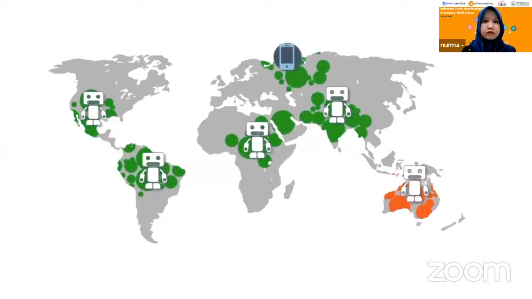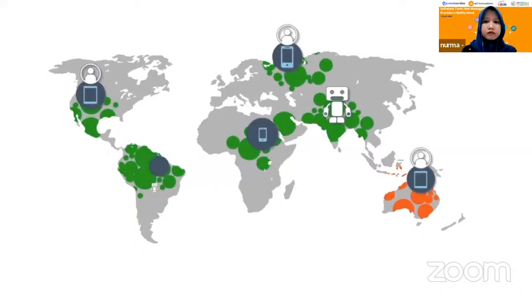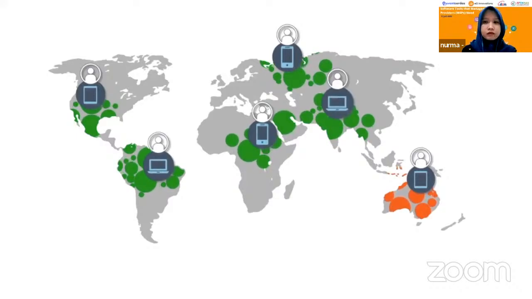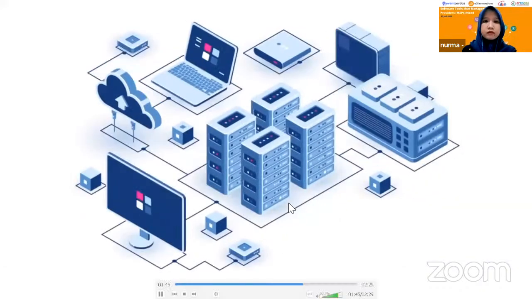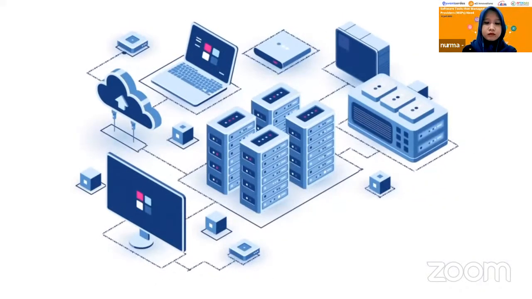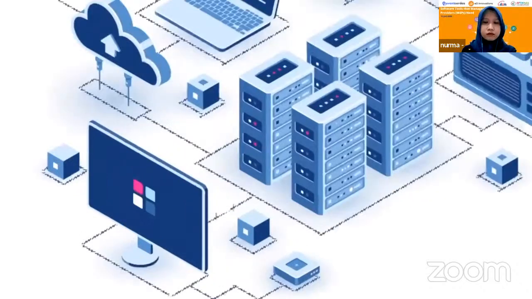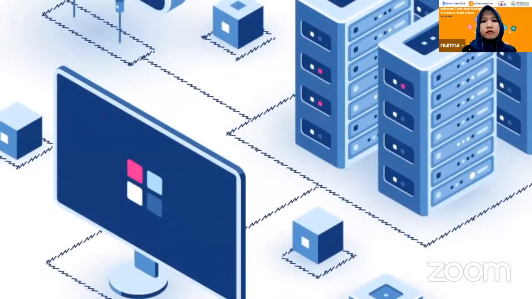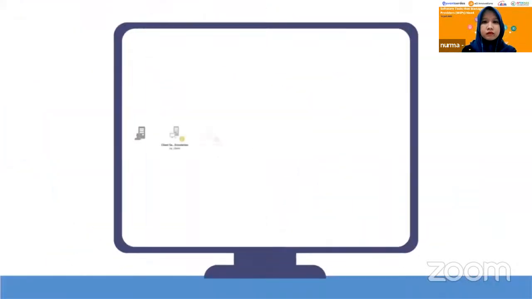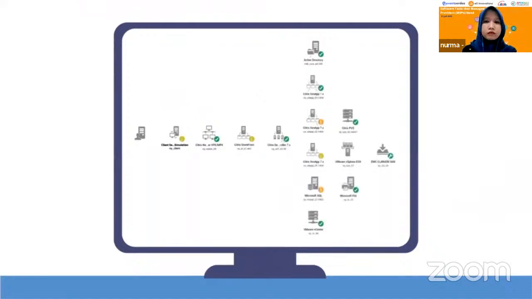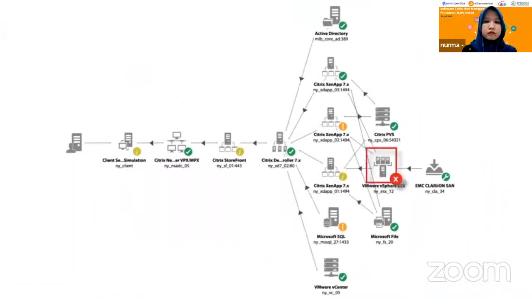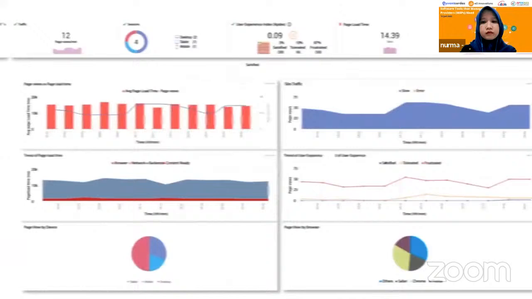You can also monitor all real user interactions across digital touchpoints and identify which users are affected, where, and for how long. Get performance visibility of every layer and every tier of the IT environment to isolate bottlenecks affecting user experience. Correlate performance metrics from across the IT environment to automatically understand dependencies and pinpoint the root cause of user experience issues, reducing MTTR.